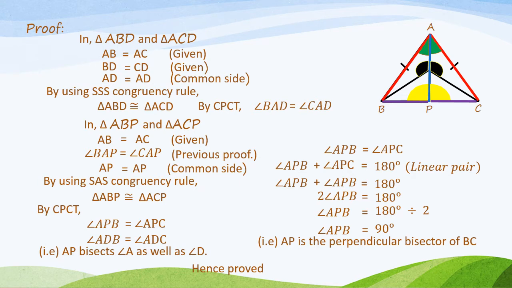Transposing 2 to the right-hand side, we get angle APB equals 180 degrees divided by 2, which is equal to 90 degrees. That is, angle APB is equal to 90 degrees, and we can say that AP is the perpendicular bisector of BC. Hence the proof.